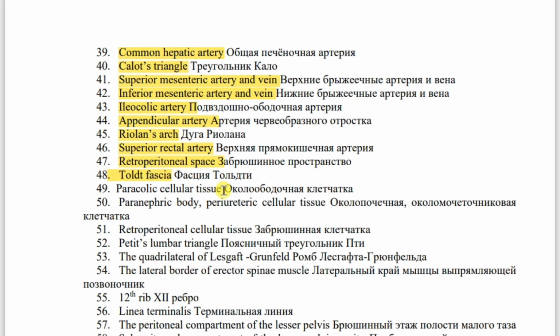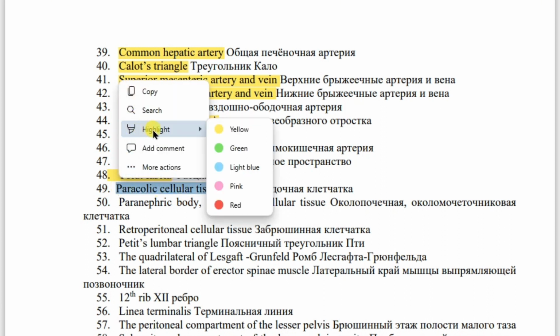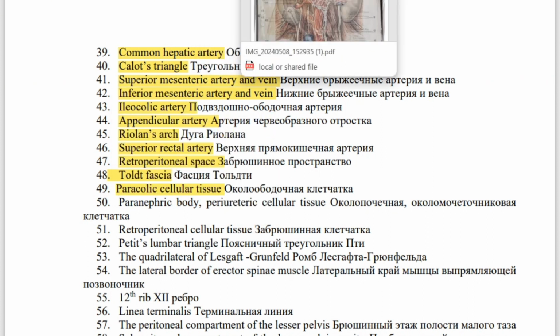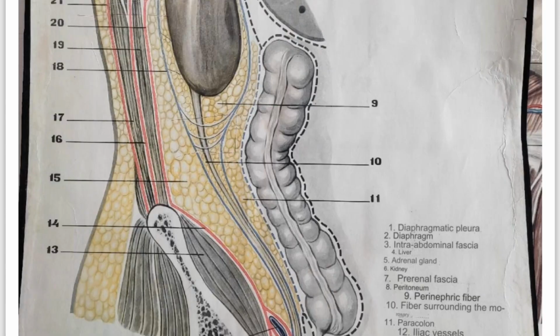Here we have paracolic cellular tissue, or you can say paracolic cellular space. So let's see. Here you can have a general look at the paracolic cellular tissue. This is the paracolic cellular space, located between the colon and the abdominal wall.